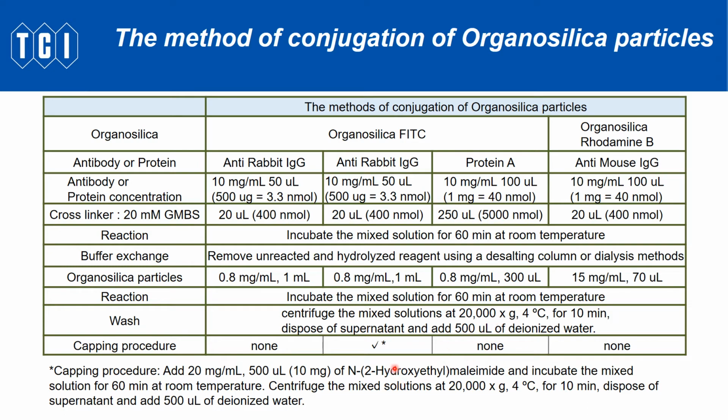At 20 mg per milliliter, 500 microliters, total 10 mg of N-hydroxylamine, and incubate the mixed solution for 60 minutes at room temperature. Centrifuge the mixed solution at 20,000 G, 4 degrees, for 10 minutes, dispose of supernatant and add 500 microliters of deionized water.